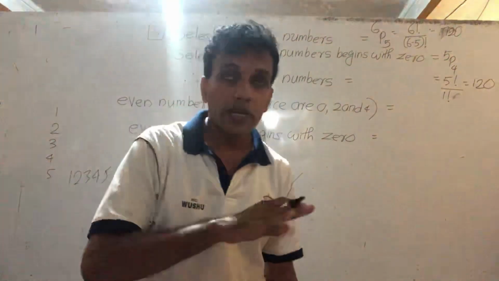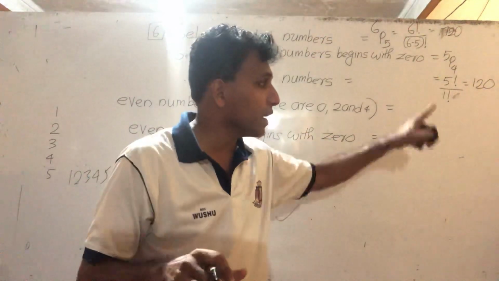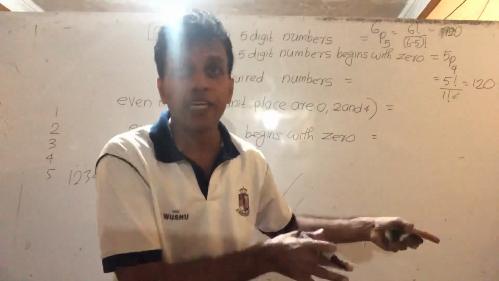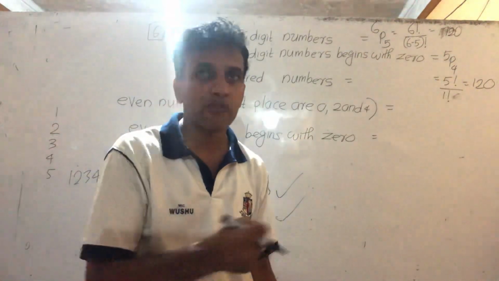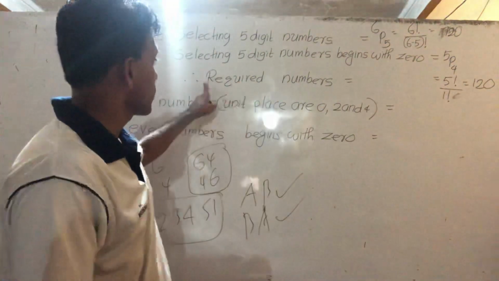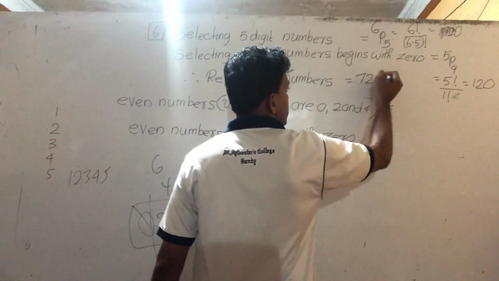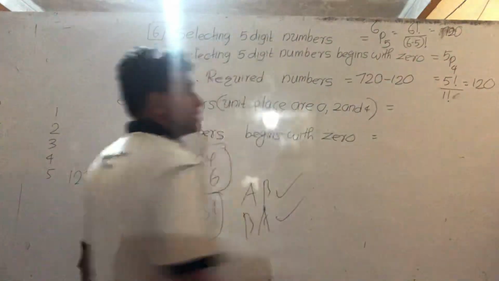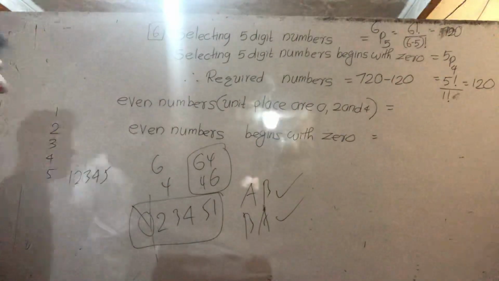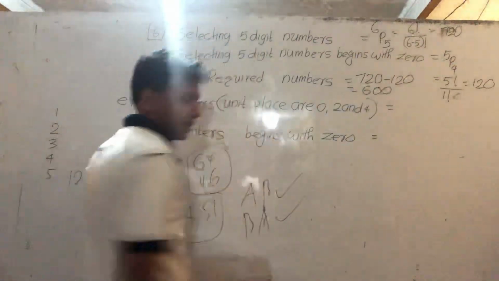So there are totally 720 numbers. Out of that, there are 120 with 0 in front. But a count starting with 0 is not a 5 digit number, it's a 4 digit number. Therefore the required answer is 720 minus 120, that is 600 numbers, okay? 600 numbers available, right?